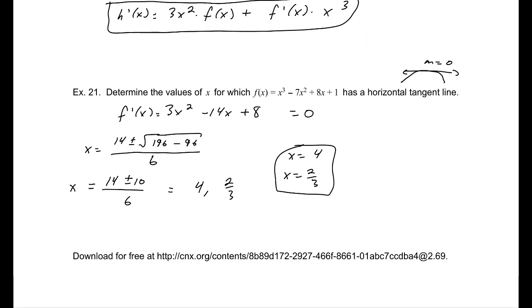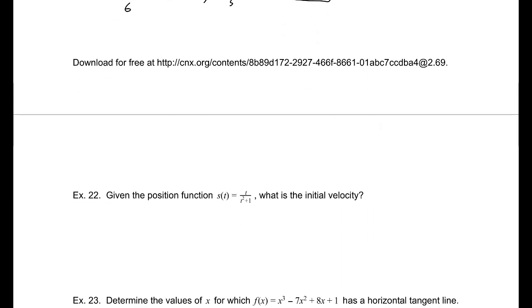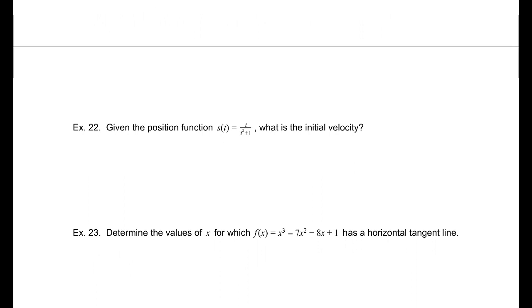All right, moving on. Given the position function, what is the initial velocity? Now remember, initial velocity means v of 0, and that means s prime of 0. So let's go ahead and find s prime.